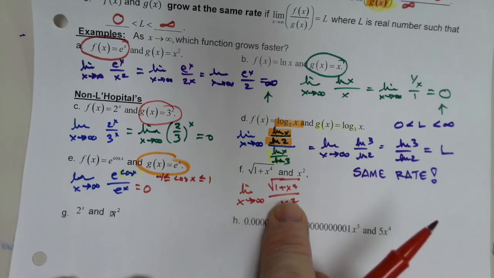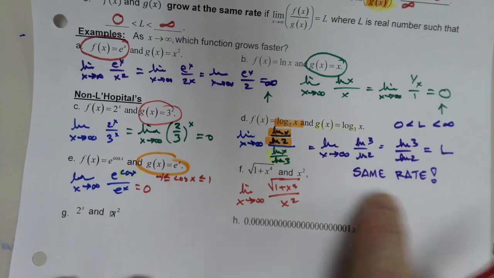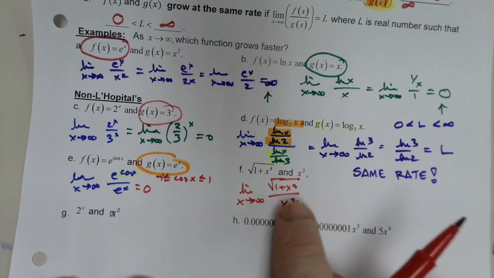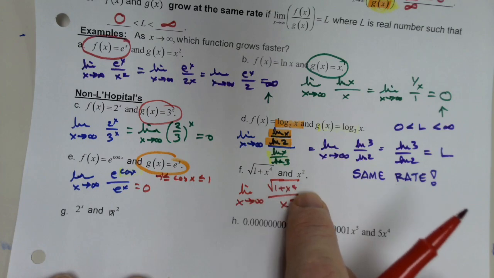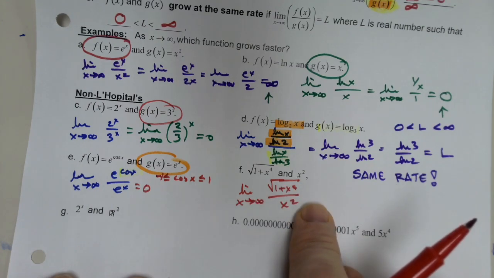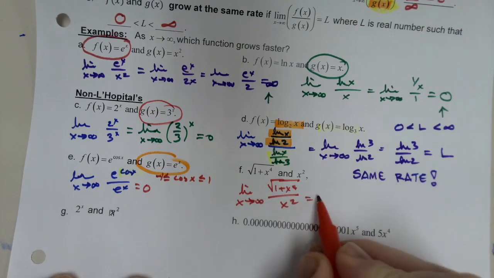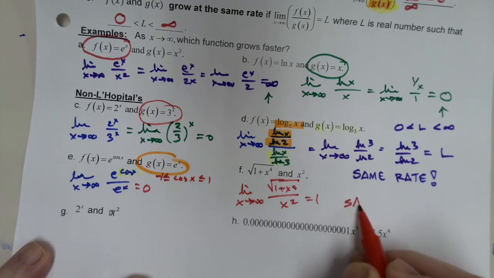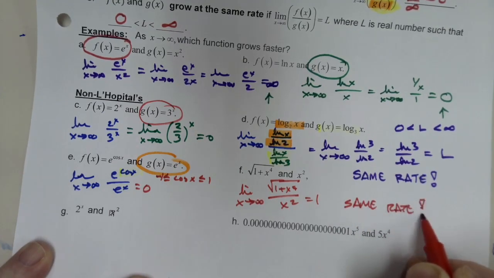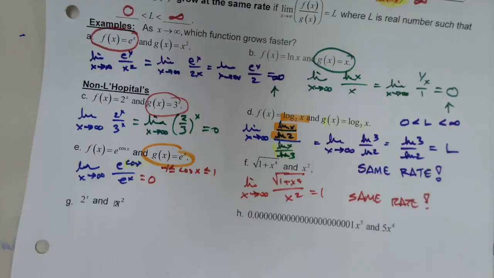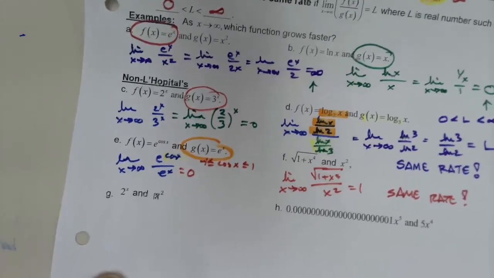So as x gets out to a million, a billion, and so on, the 1's not going to matter. It's just going to be x to the 4th power. The square root of that is going to be x squared, which means this is going to go to 1, which means this is another one that grows at the same rate. Okay. Let's take a look at our next one.